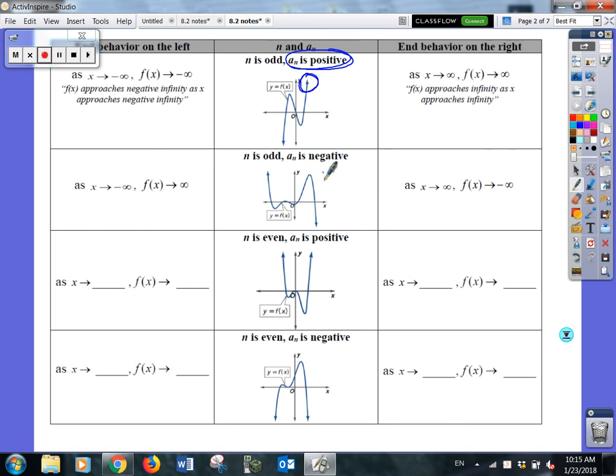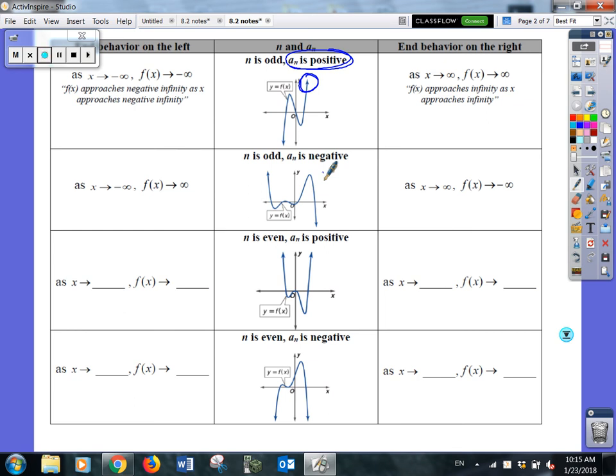Odd is opposite. And think about a line. If you had a line, that's x to the first, 1 is an odd number. A line, one arrow goes up, one goes down. So they go in opposite directions. The way we would write that end behavior is, x approaches negative infinity. So as we go to the left, what is happening to f of x? F of x is just function notation for y.